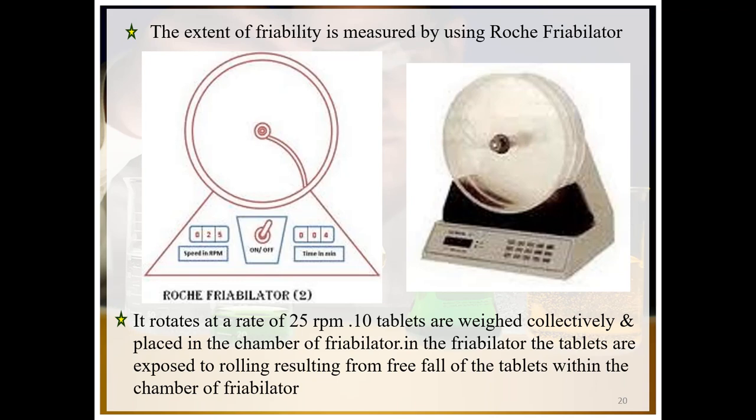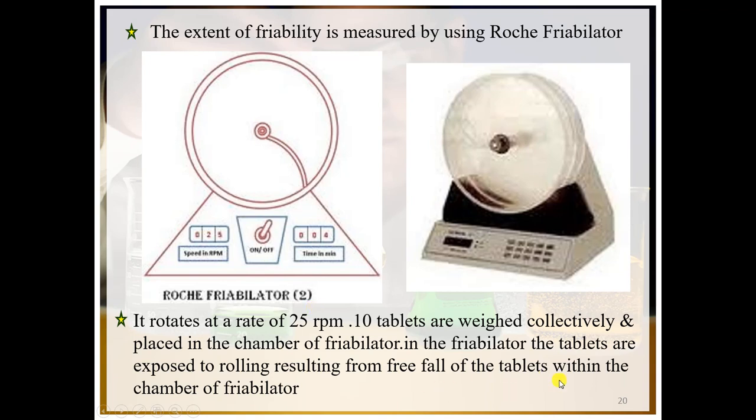Let's see the apparatus which is used to perform the friability test. It rotates at the rate of 25 revolutions per minute. First of all, you will have to take 10 tablets. They are weighed collectively, and then placed in the chamber of the friabilator.